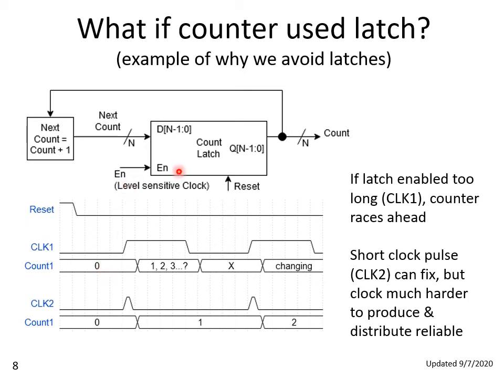But now we enable the latch and we hold it for a while. Well, the value of 0 propagates through the incrementer and gives us a 1. If this path is faster than the time that the enable is asserted, that value of 1 will reach the latch, propagate through, come back around to the next count logic, increment, get a 2, and so on.